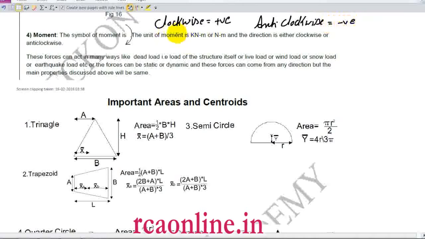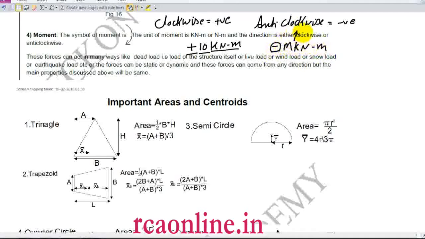So if I write a moment plus 10 kilonewton meter, then this is its unit, this is the value, and the plus shows that the value is positive, which means clockwise. If I write minus M, it means the moment, its unit is kilonewton meter, and negative means that it is anti-clockwise.